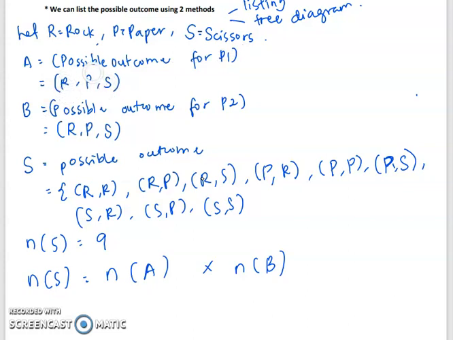So we have 3 possible outcome for event A. Event B is outcome for pupil number 2. So pupil number 2 could also show rock, paper, and scissors. So 3 possible outcome. So 3 times 3 equals 9. So from here we can confirm that we have 9 possible outcome for the students' game.